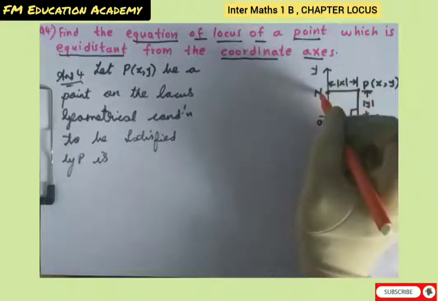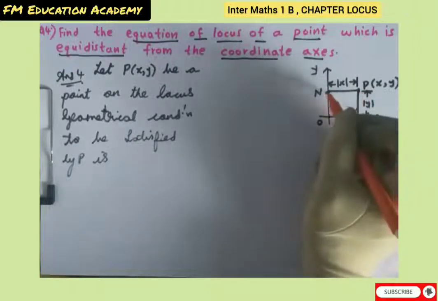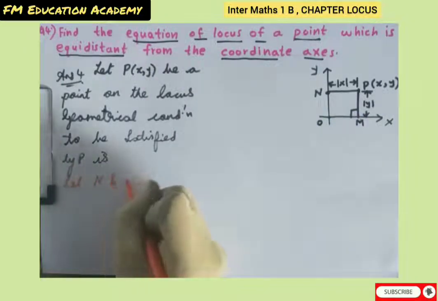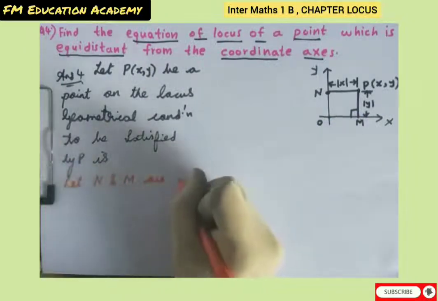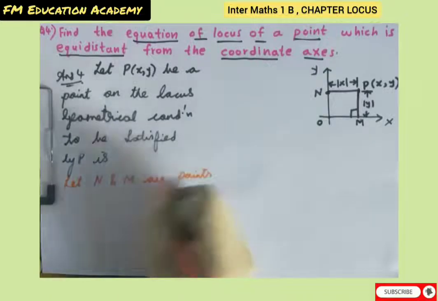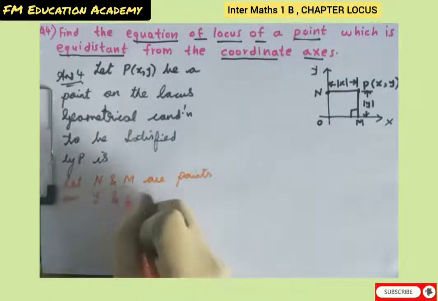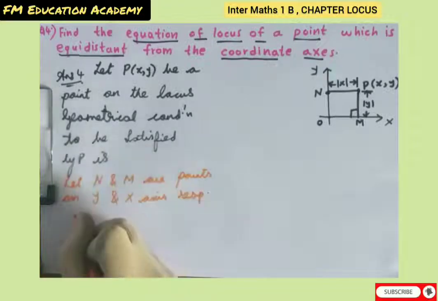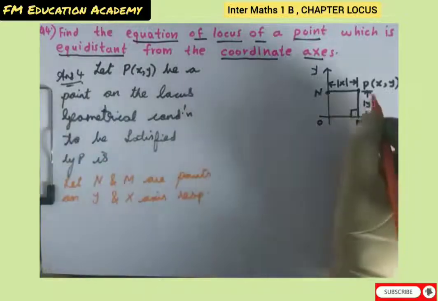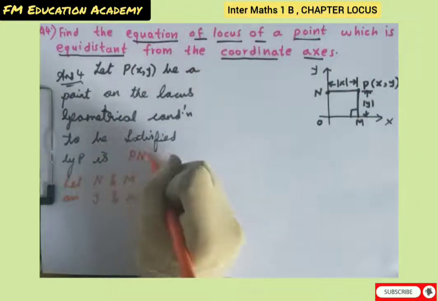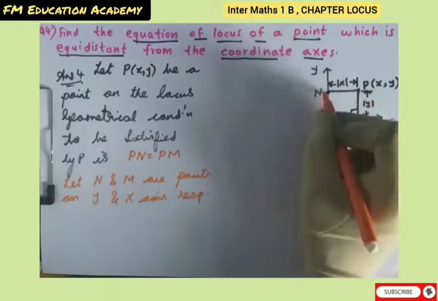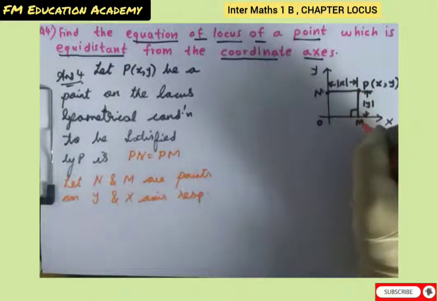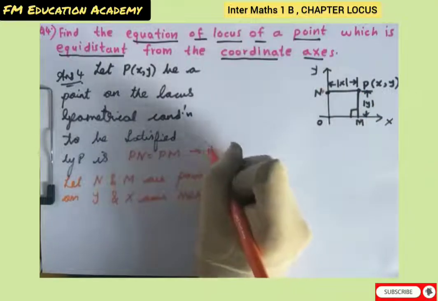That is, PN is equal to PM, where N and M are points on the y-axis and x-axis respectively. The geometrical condition is PN equals PM: distance from the point to the y-axis equals distance from the point to the x-axis. Let this be equation 1.